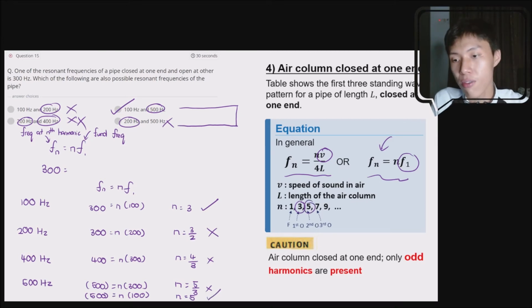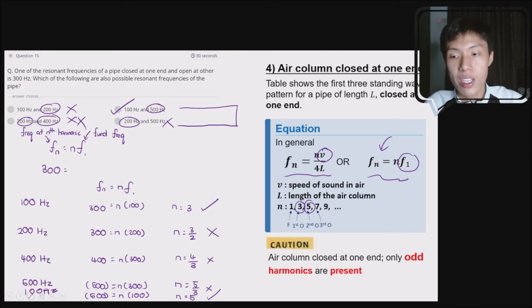That means if you have 500 hertz, then the fundamental frequency should be 100 hertz. Get what I'm trying to say? The fundamental frequency is 100 hertz. Then the third harmonic is 300 hertz, which is the value given over here. And the fifth harmonic is 500 hertz, which is the value given over here.